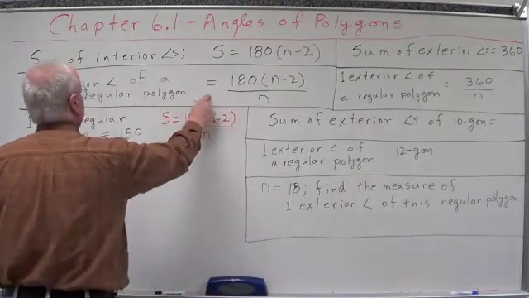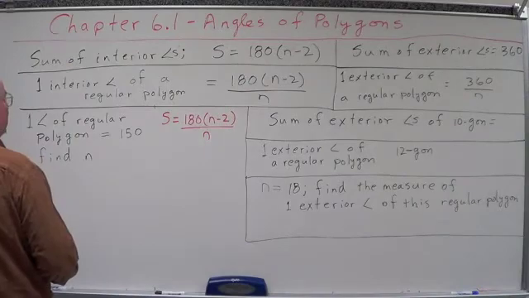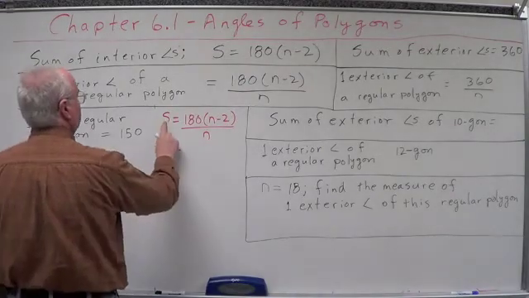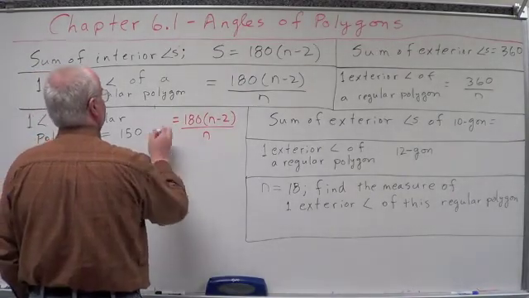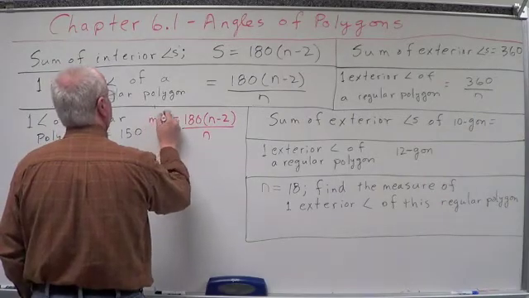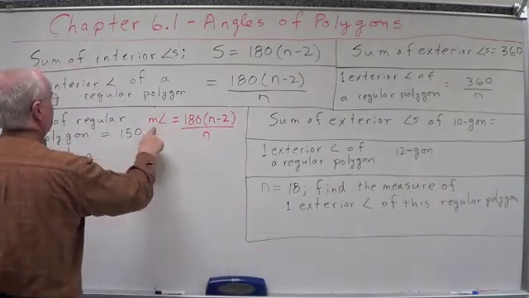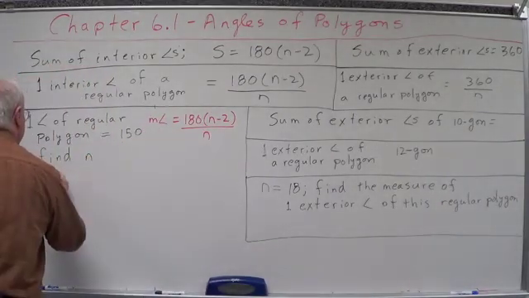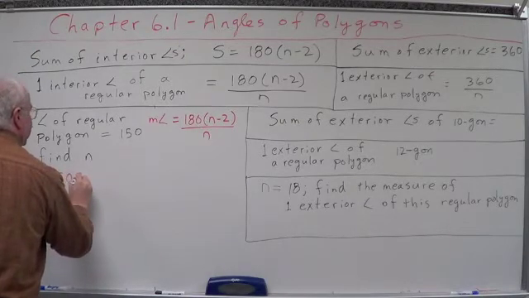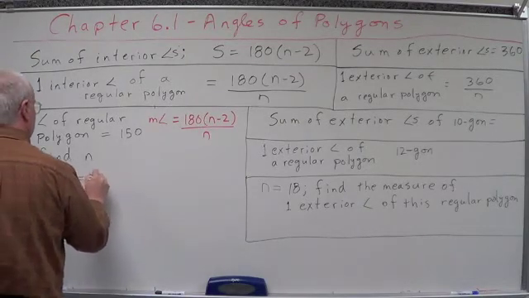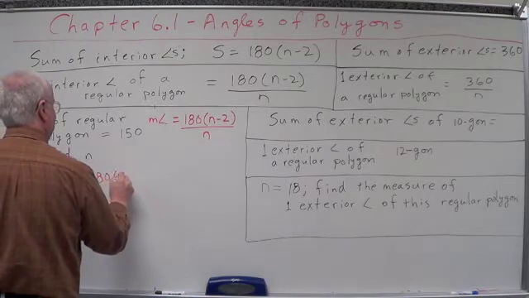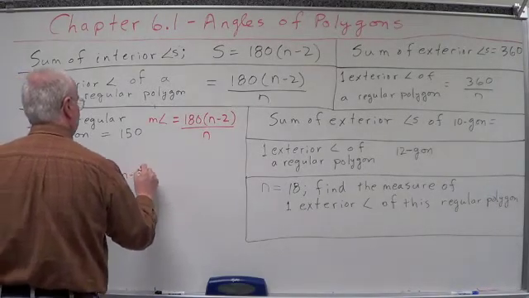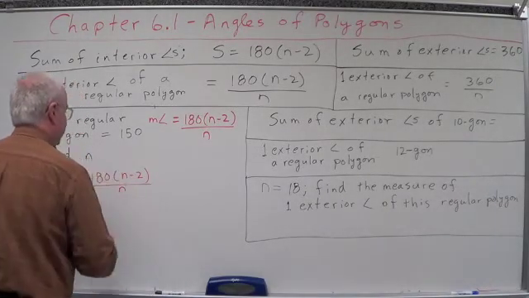So we're using this equation: the measurement of the angle equals that. What's the measurement of the angle? It's 150. So we take 150 equals 180 times n minus 2 divided by n.